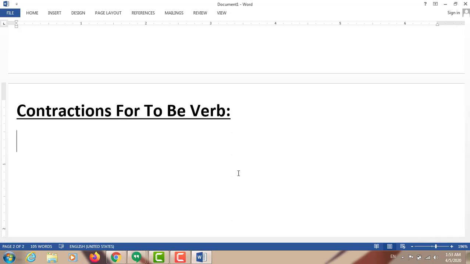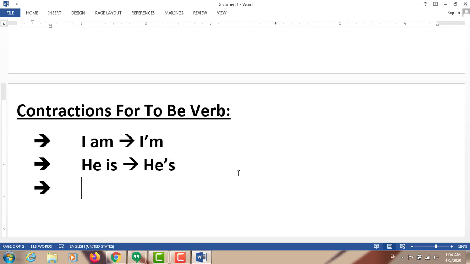So this is the contraction. Let me underline. The first contraction, for "I am," is "I'm." Next, the contraction for "he is" is "he's." Listen to the pronunciation, it's really important.